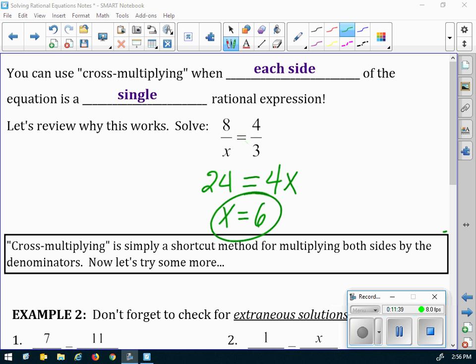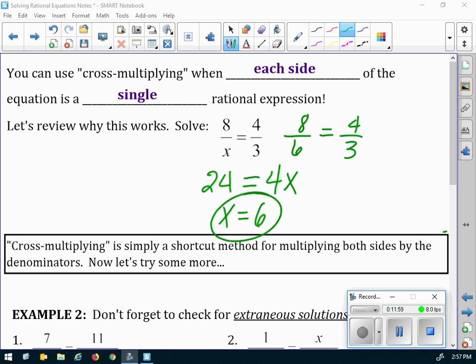Check it. If x is 6, is 8 over 6 equal to 4 over 3? Yes, because if you divide the top and bottom here by 2, you're going to get 4/3. Question? Can we do 8 divided by 4? No. My bad.